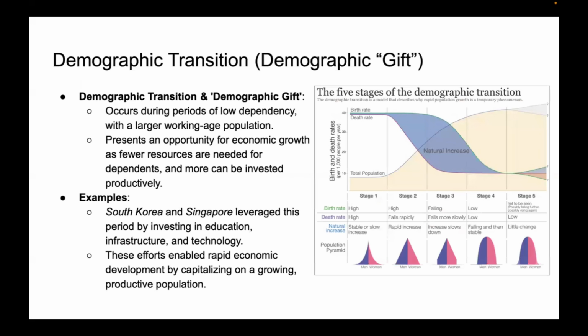In summary, we've explored several key concepts: natural capital, the law of diminishing returns, and dependency ratios, all of which play crucial roles in shaping economic growth and development. We've seen how population dynamics can both drive growth and create constraints, especially when resources are limited or population pressures increase.